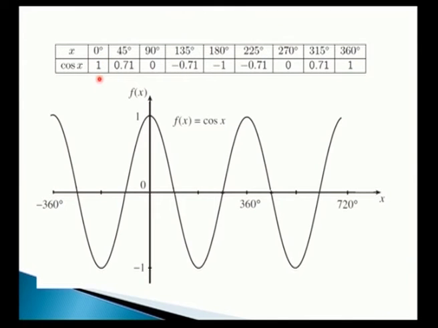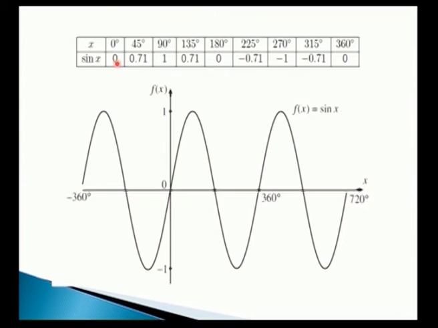Now, we can compare this cos function and sine function. When x is equal to 0, cos x is equal to 1. When x is equal to 0, sin x is equal to 0. So, there is a phase difference between the sine function and cos function.